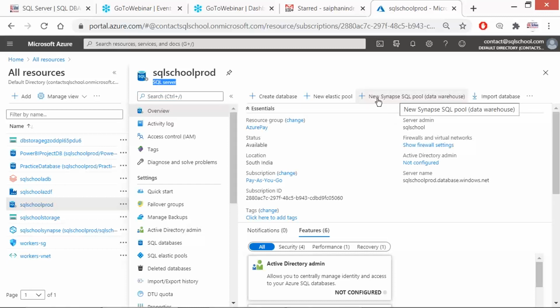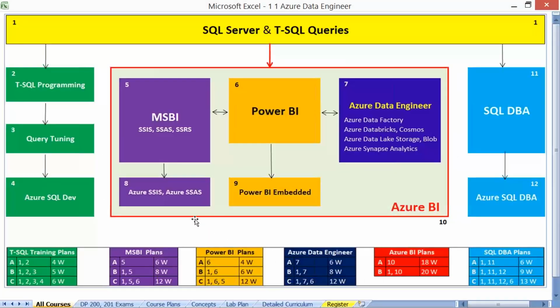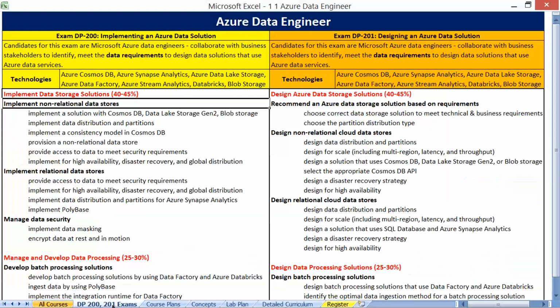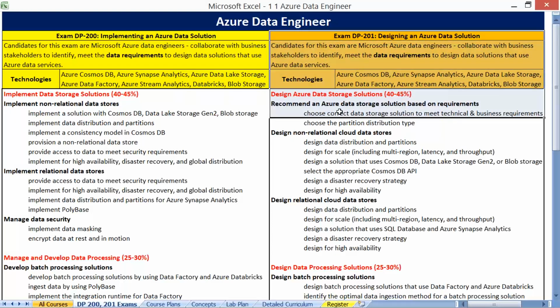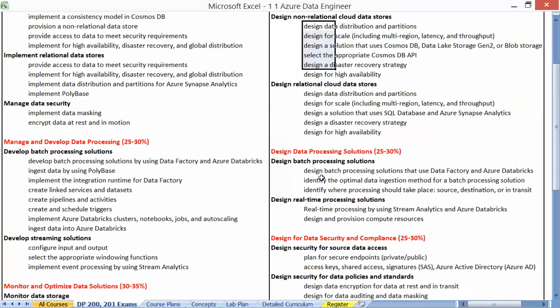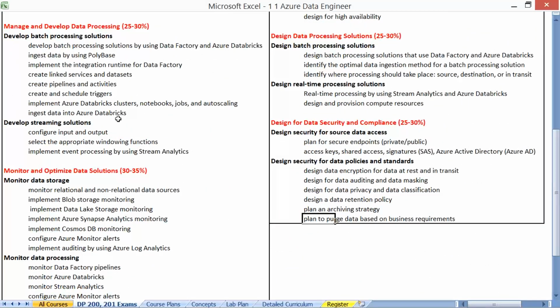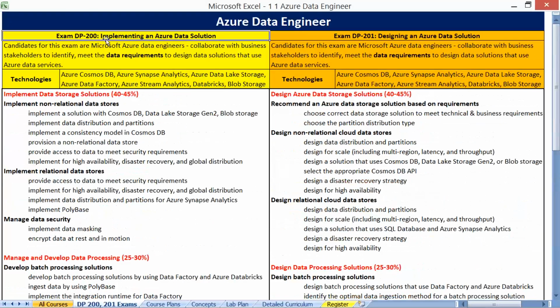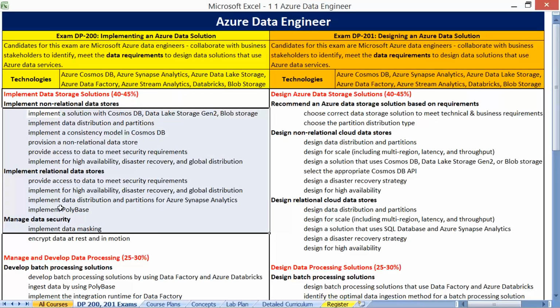And Synapse being the more important component in our entire vast course curriculum that was designed as per the DP 200-201 certification examination patterns. DP 201 focuses more on the design and planning activities, whereas DP 200 focuses more on implementation activities.